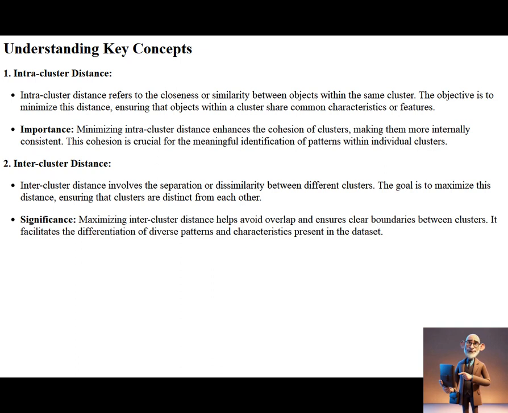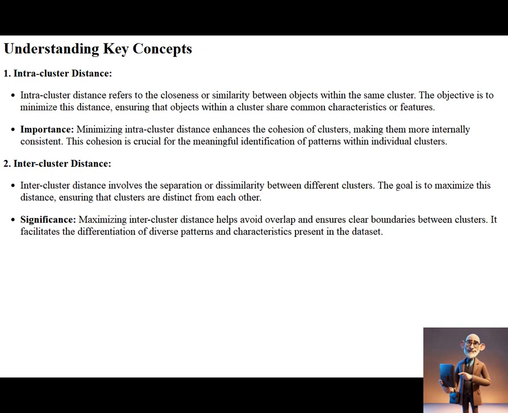In summary, the significance of these concepts lies in finding the right balance. We aim to create clusters where objects within a cluster are closely related, minimizing intra-cluster distance, while ensuring that different clusters are distinct from one another, maximizing inter-cluster distance. This delicate balance is what makes clustering effective in revealing the underlying structure of the data.